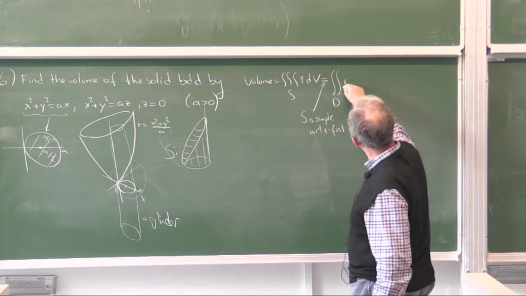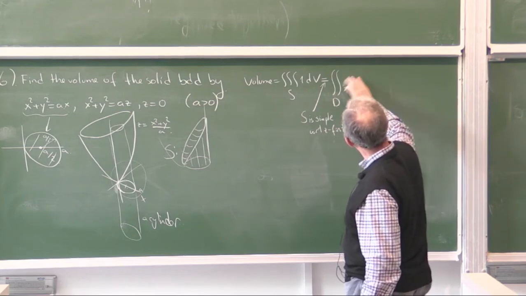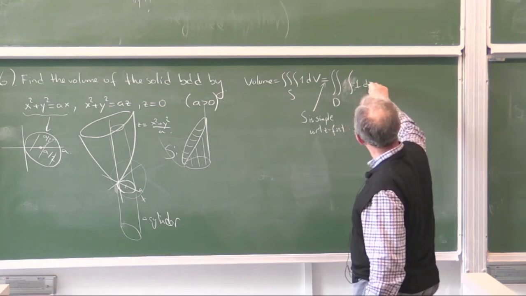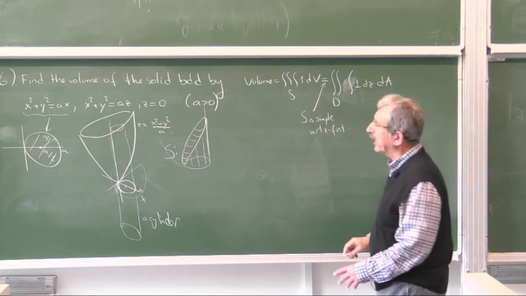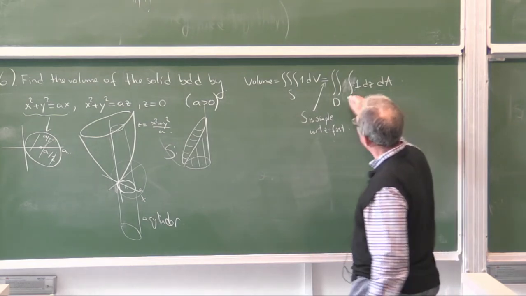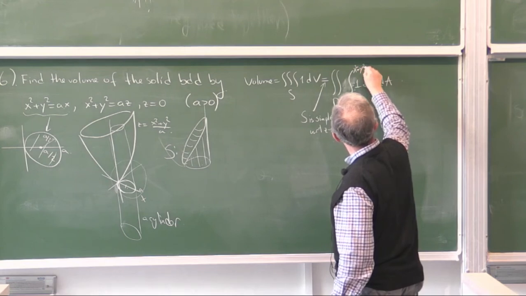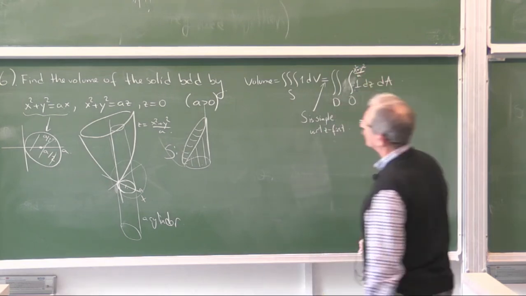So it is 1 dz dA, and z changes from 0 up to the paraboloid.